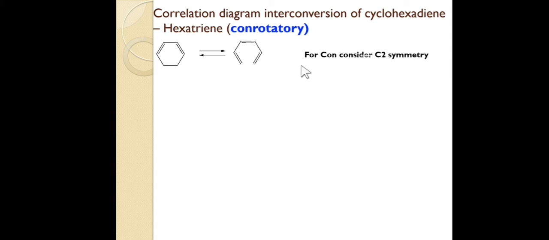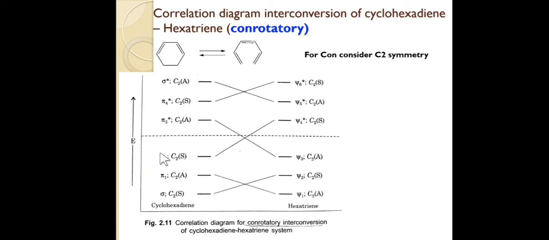So let's draw it. For conrotation, we need to consider C2 symmetry. So let's see: sigma, pi 1, pi 2, pi 3 star, pi 4 star, and sigma star. According to the relative energies, we have constructed the molecular orbitals of this cyclohexadiene.